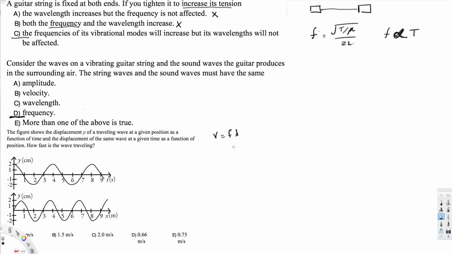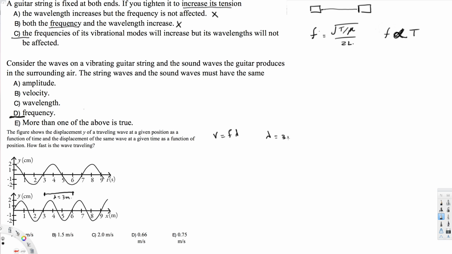Here we have to find the frequency and the lambda. Lambda can be easily found from the position graph. Here from 3 to 6, if you notice, this is one wavelength, and the length of one wave is called lambda. That is, lambda is equal to 3 meters. And then we have found the lambda right here.